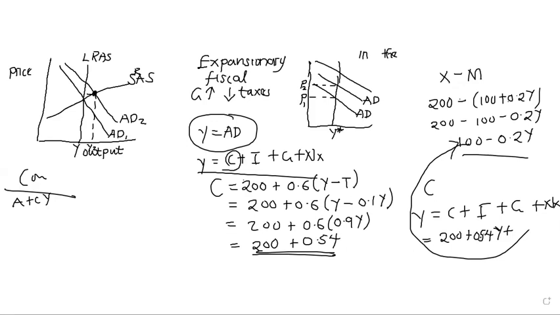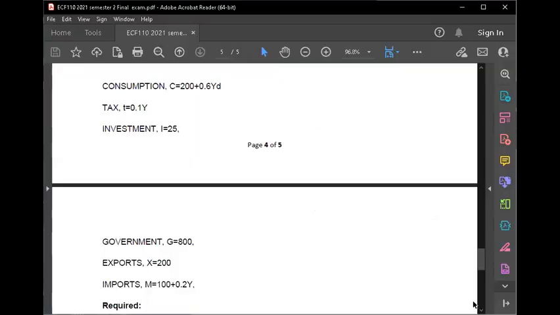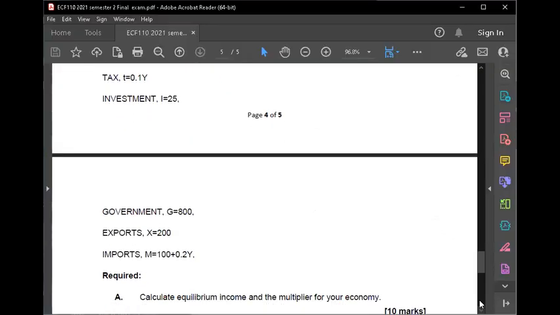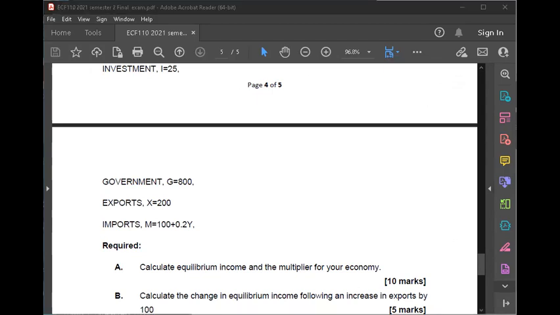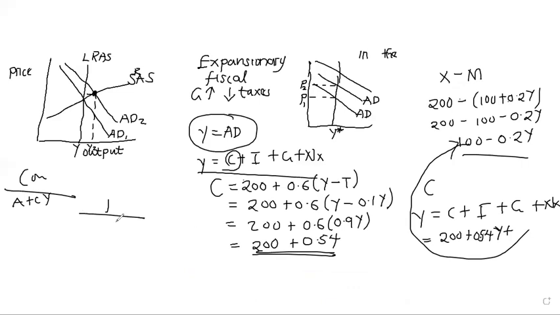I hope we're all good on this. That's how we calculate equilibrium income. You won't find any difficulties there. For the multiplier, looking at what we've been given here, it's a full multiplier, isn't it? So the multiplier will be equal to 1 over 1 minus the MPC, then 1 minus T plus M.